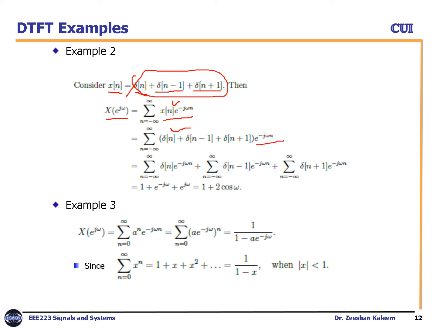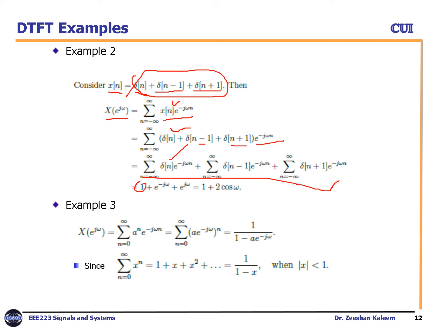You know that impulse δ[n] means it is 1 at n equals 0, δ[n minus 1] means it is 1 at n equals 1, and δ[n plus 1] means it is 1 at n equals minus 1. So let's simplify further and write them separately as three terms.